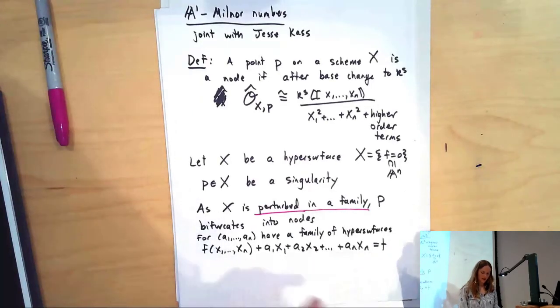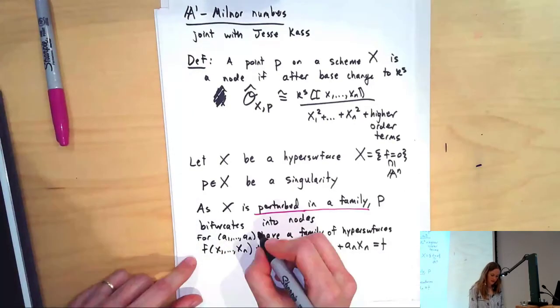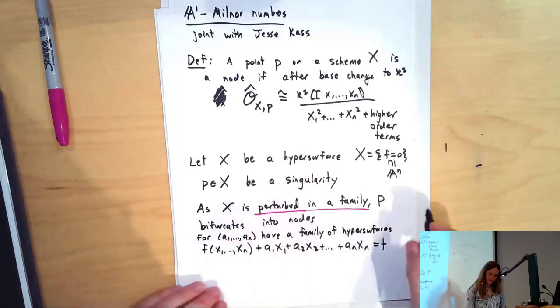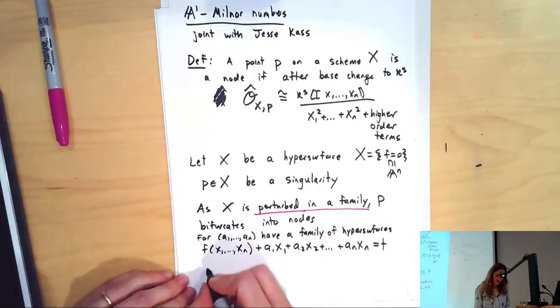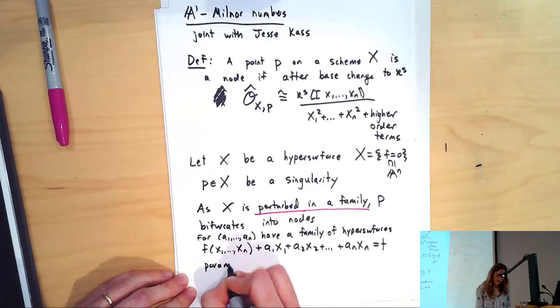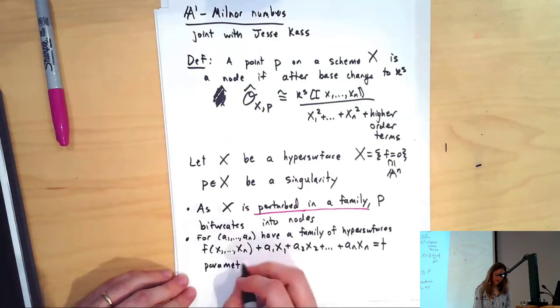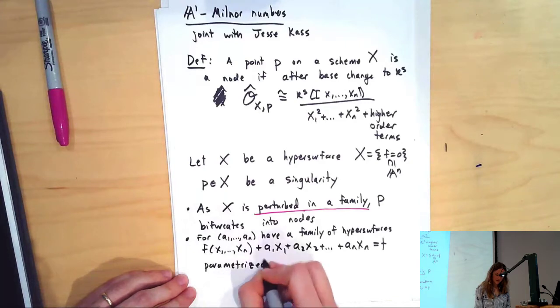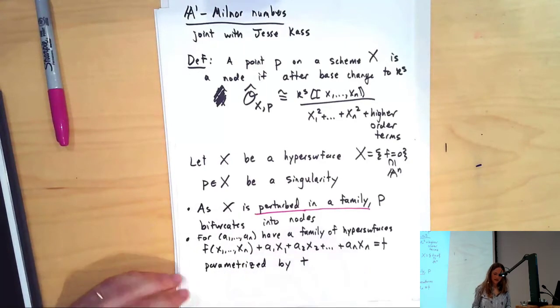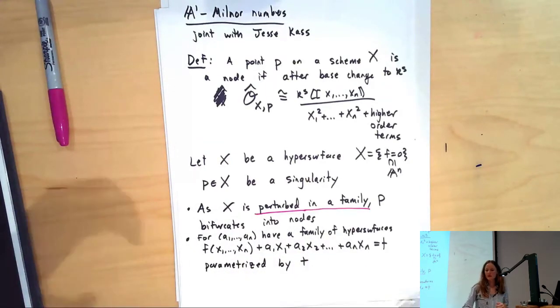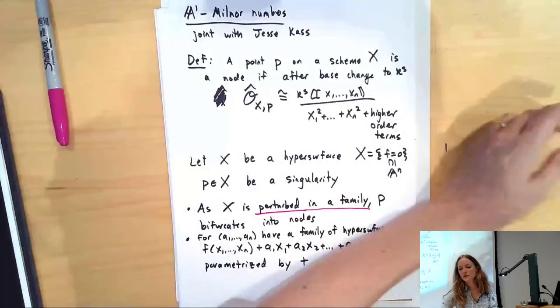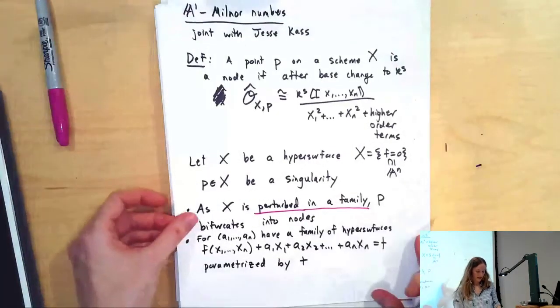So for each t, we get a hypersurface. And one definition of the Milnor number is that in any such family, you will have the Milnor number's worth of nodes.